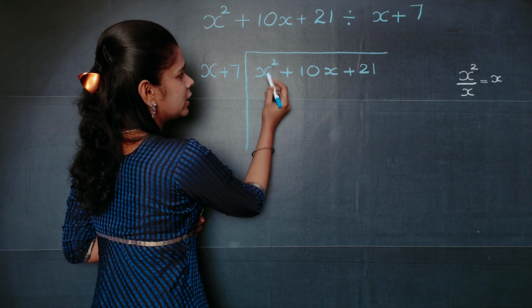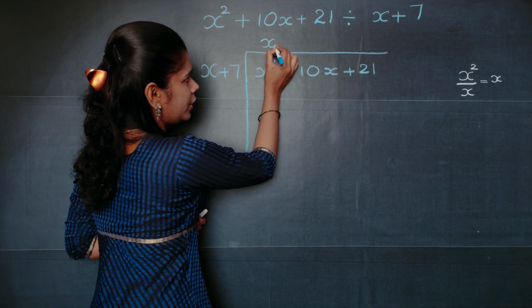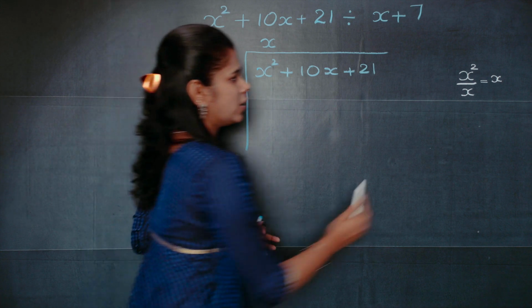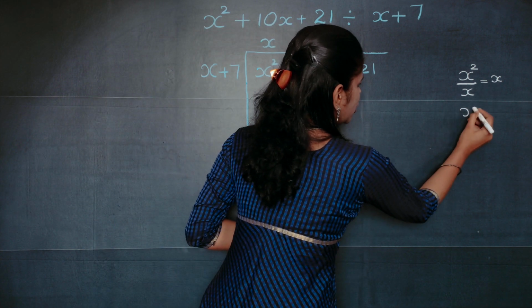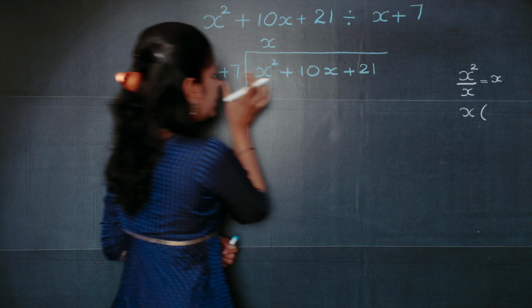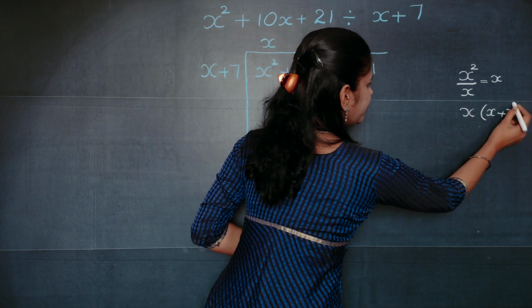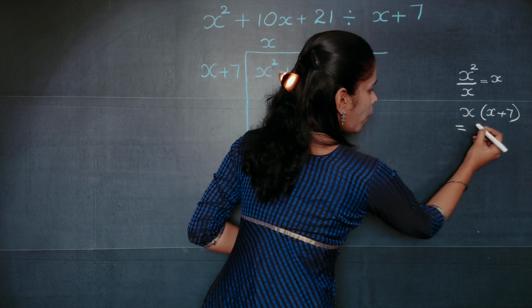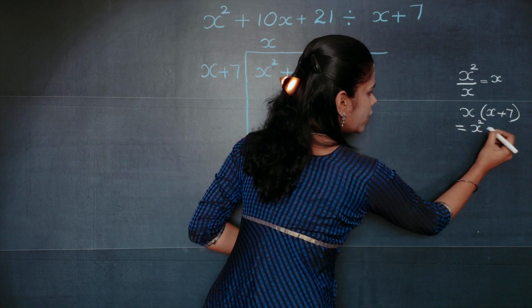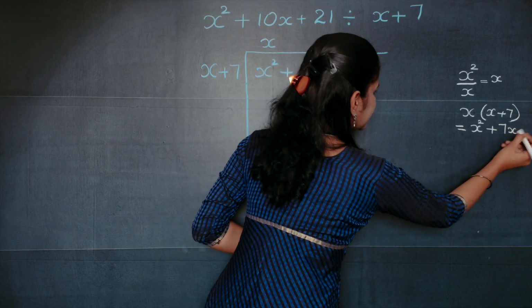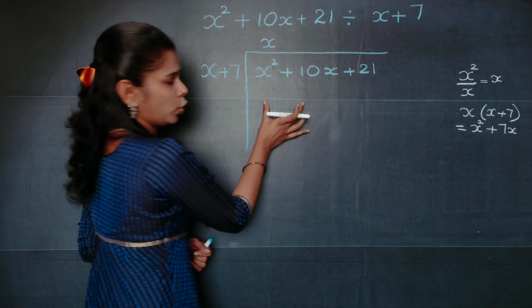So you will write it here. Now the next step is that this x, you should multiply it with the divisor. So x into x plus 7, you will open the bracket and get x square plus 7x, and this you will write over here.